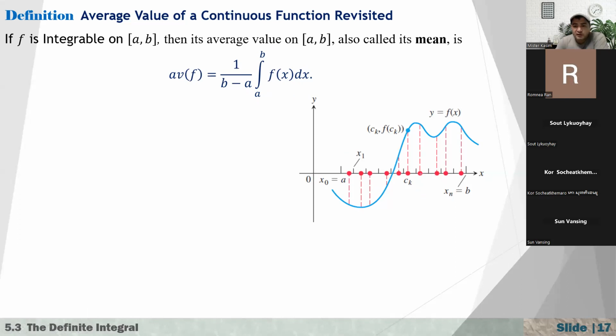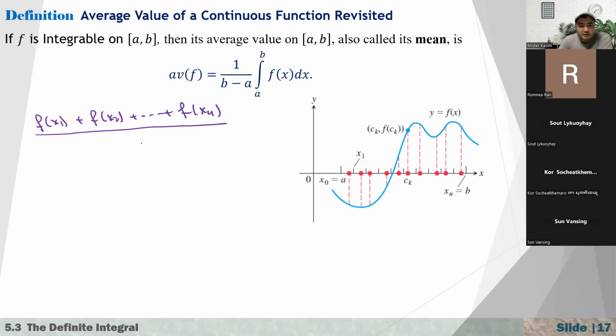Roughly, the average value of this function over this interval is equal to, I'm just going to choose a few values here, f of x1 plus f of x2 plus dot dot dot plus f of xn, and we have n points, so that is divided by n. Now, if they are equally spaced, we know that delta x would be equal to b minus a over n.